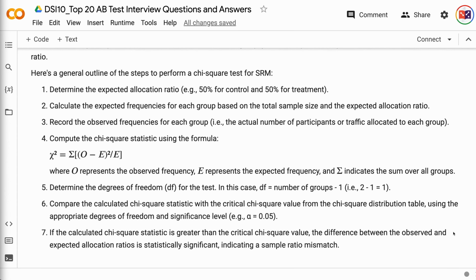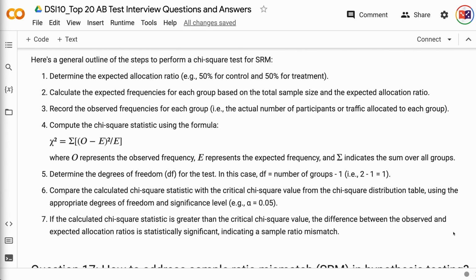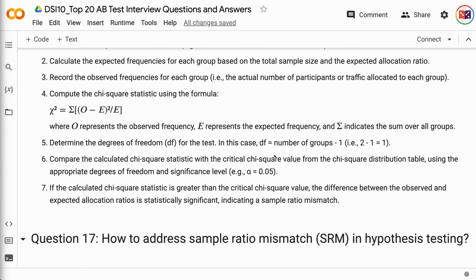3. Record the observed frequencies for each group, that is, the actual number of participants or traffic allocated to each group. 4. Compute the chi-square statistic using this formula, where O represents the observed frequency, E represents the expected frequency, and sigma indicates the sum over all groups. 5. Determine the degrees of freedom for the test. In this case, degrees of freedom equals number of groups minus 1, that is, 2 minus 1, which equals 1. 6.